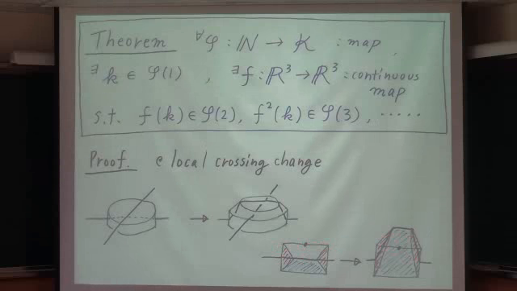So of course this is not injective, at most 2 to 1 mapping. So anyway, we can by a continuous map locally change a crossing.